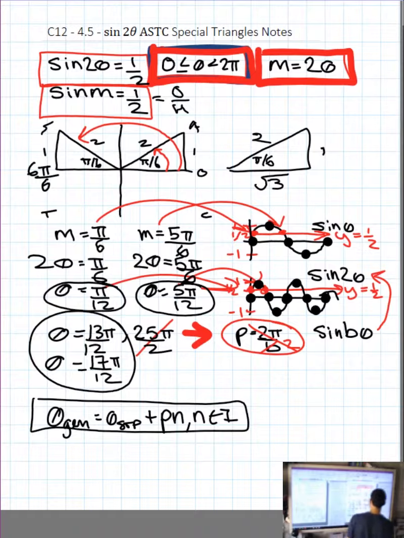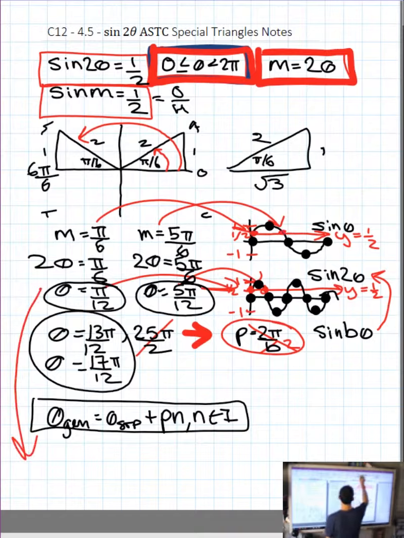So when I want to do the general solution for my answers above, I take my first and smallest answer, and I say theta gen equals. You don't really have to include the gen. If they ask you for the general solution and you give them the correct right-hand side, they're probably going to give it correct.